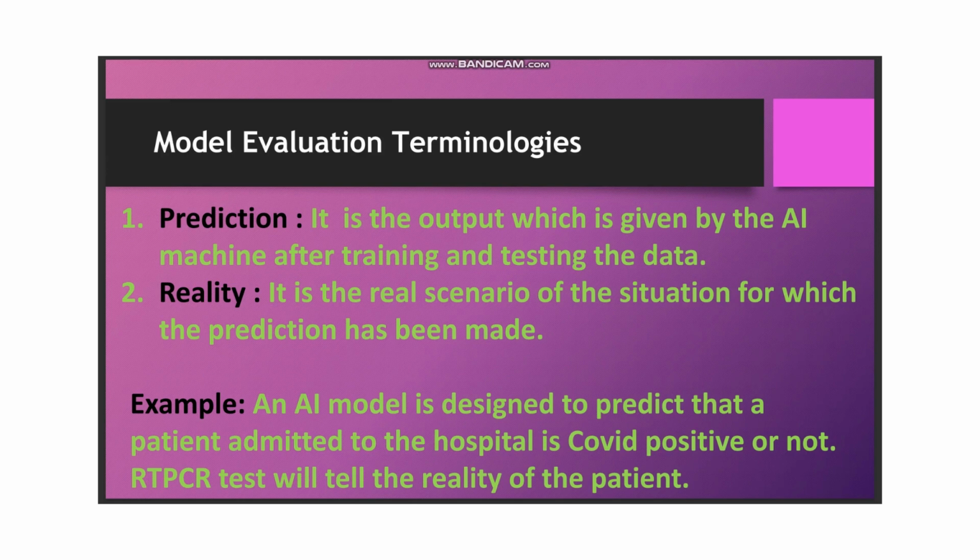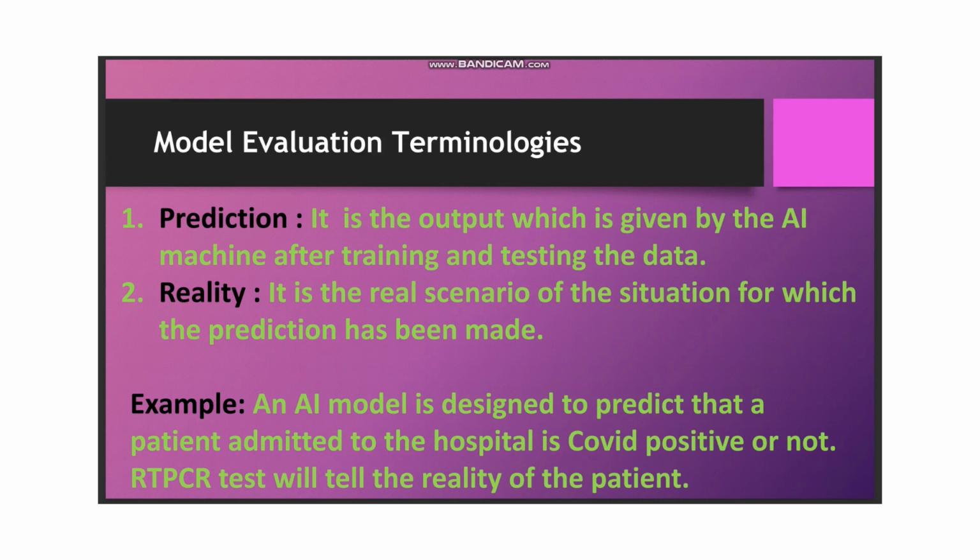So let us understand this with the help of one example. Now, students, during COVID times, one AI machine was invented which predicts whether the patient is COVID positive or not. And you all know the actual results are shown by the RT-PCR tests.